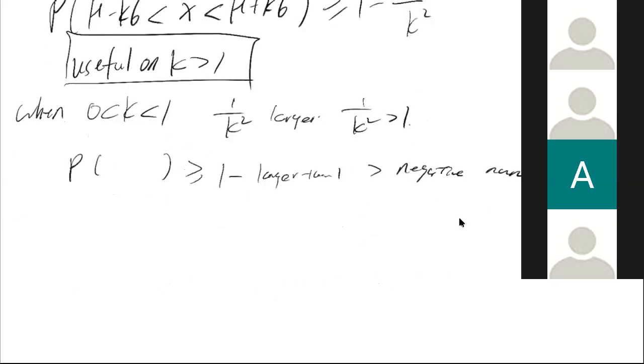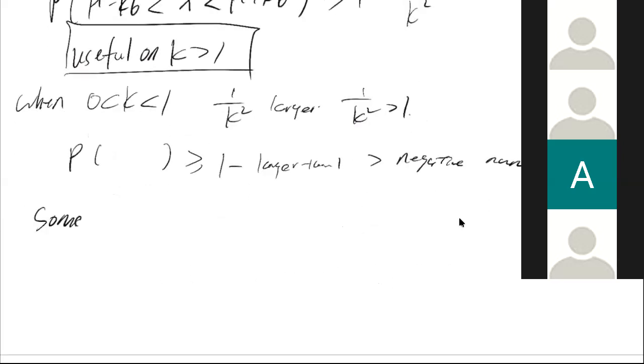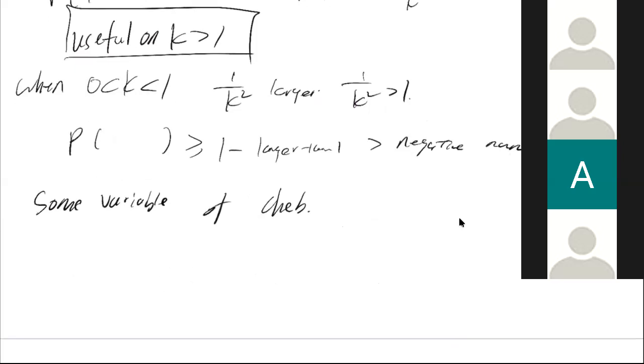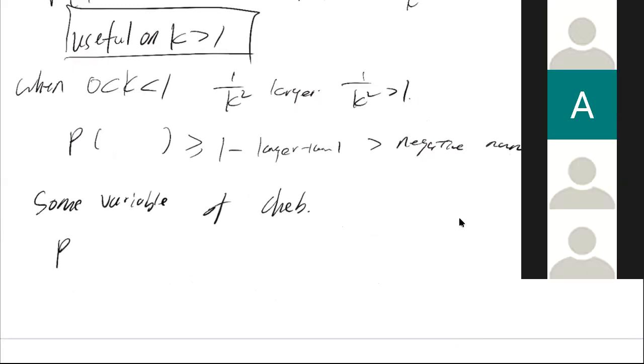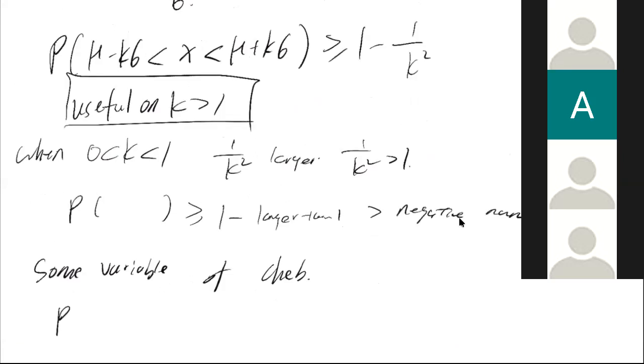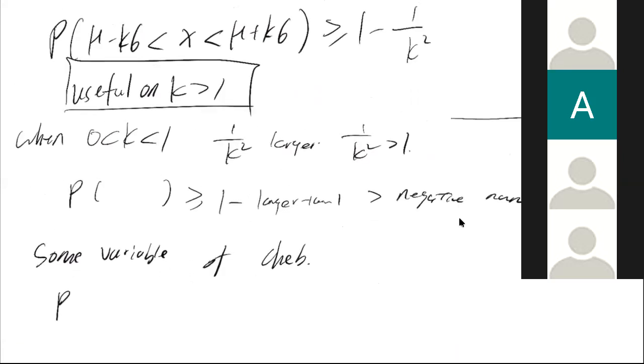And there is some variation of Chebyshev. Previously we were talking about the distribution in the middle. Another thing I was mentioning is that it is easier to know the graph instead of plainly understanding the algebra equation.